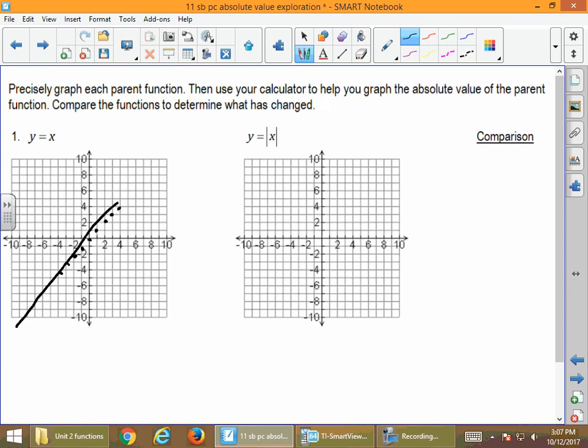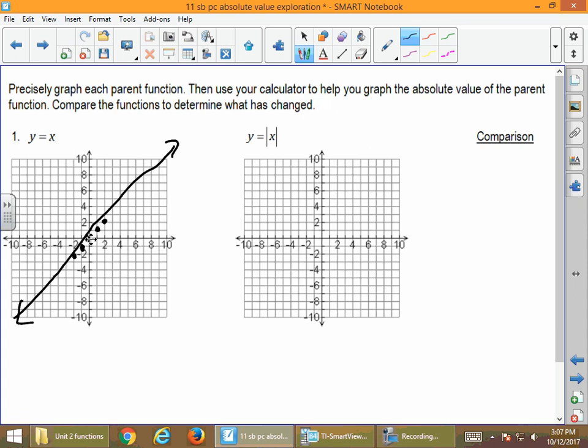Unfortunately, the board is slightly disoriented and it will not let me go from corner to corner. But the points that I drew are 0, 0; 1, 1; 2, 2; negative 1, negative 1; negative 2, negative 2. I'm going to have to try to draw that one more time.